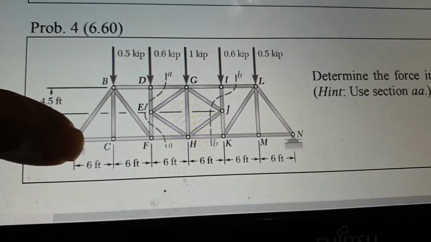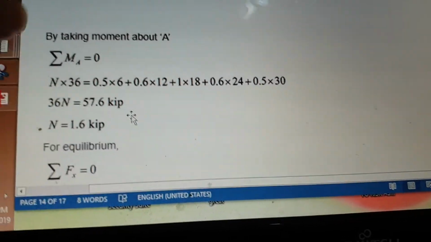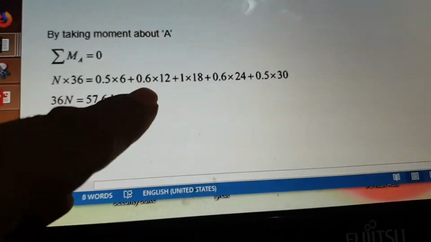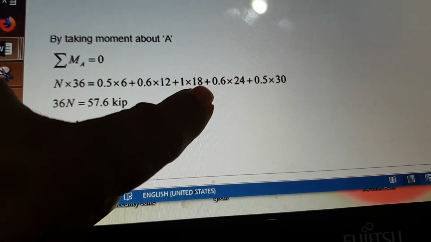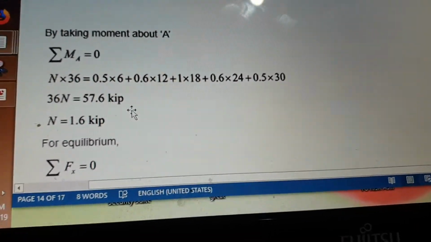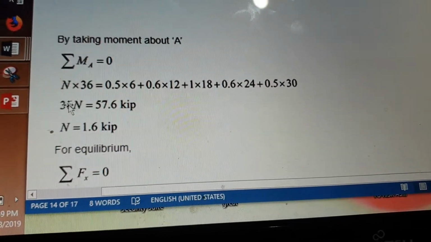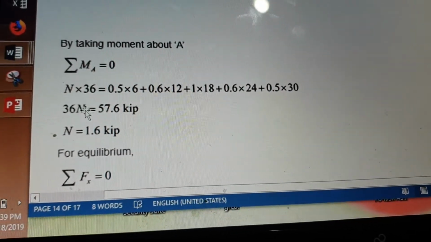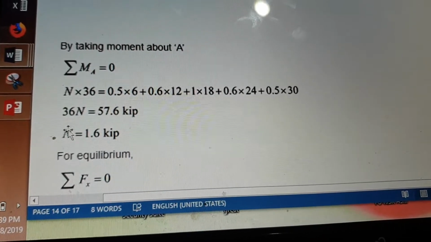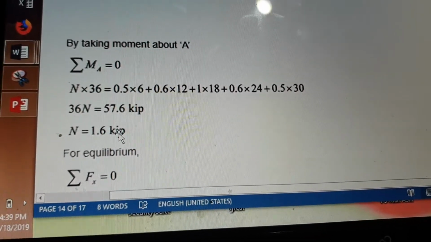Okay, and we just account for this. So we do it like this. 0.5 times 6, 0.6 times 12, 1 times 18, 0.6 times 24, and 0.5 times 30. And of course, everything else here, 36 times N, you could find the N in the y-axis. N is equal to 1.6 kip.